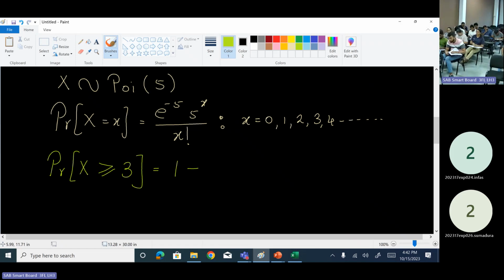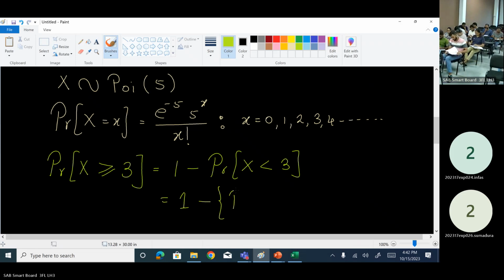So we go for the reverse: 1 minus the probability X less than 3. That is, X can be 0, X can be 1, or X can be 2.